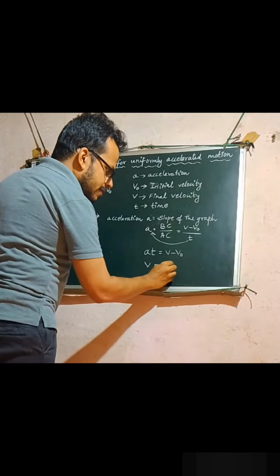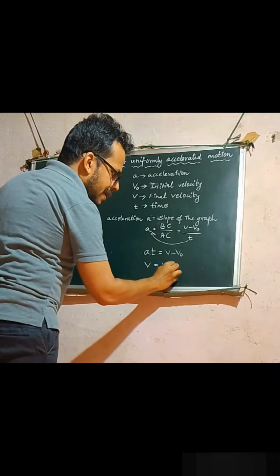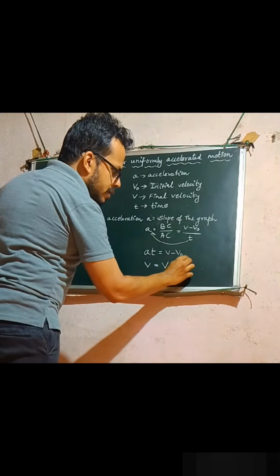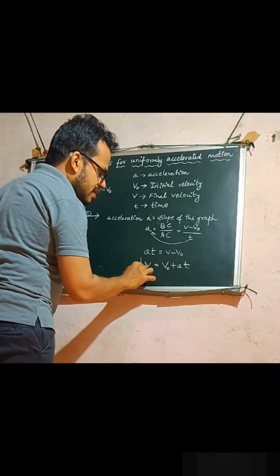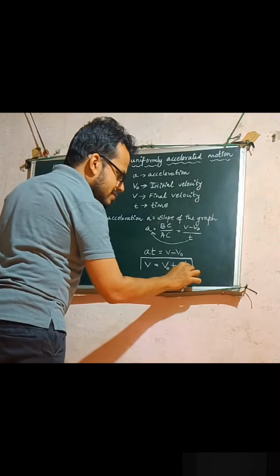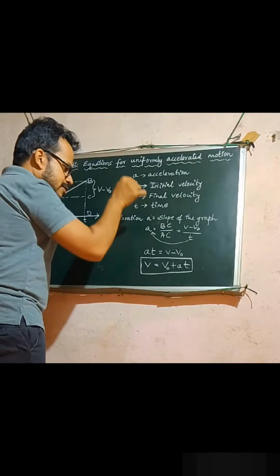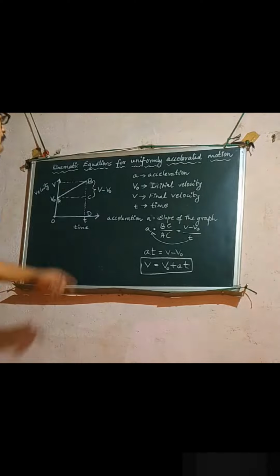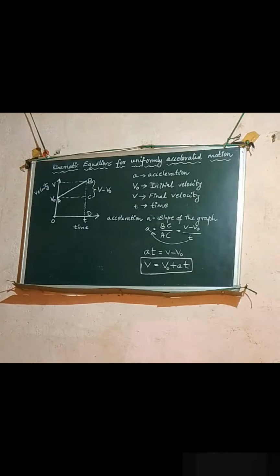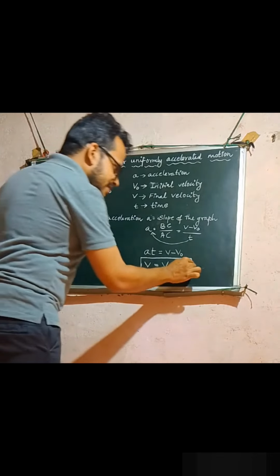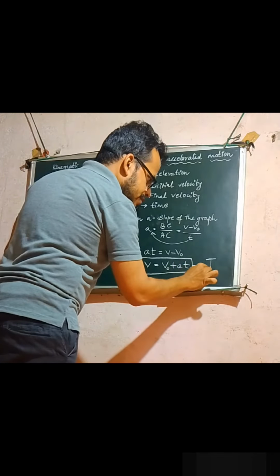So V equals V0 plus a into t. This is what you call the first equation of motion or first kinematic equation of motion. Okay, this is the first equation of motion.